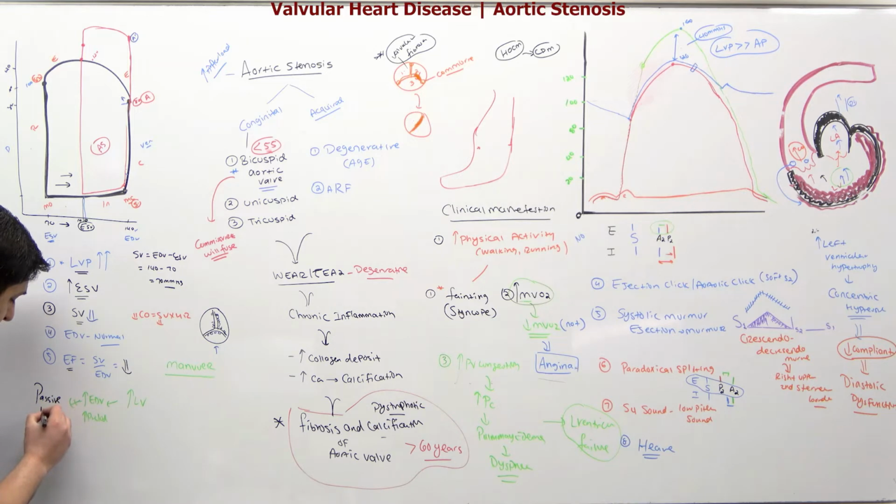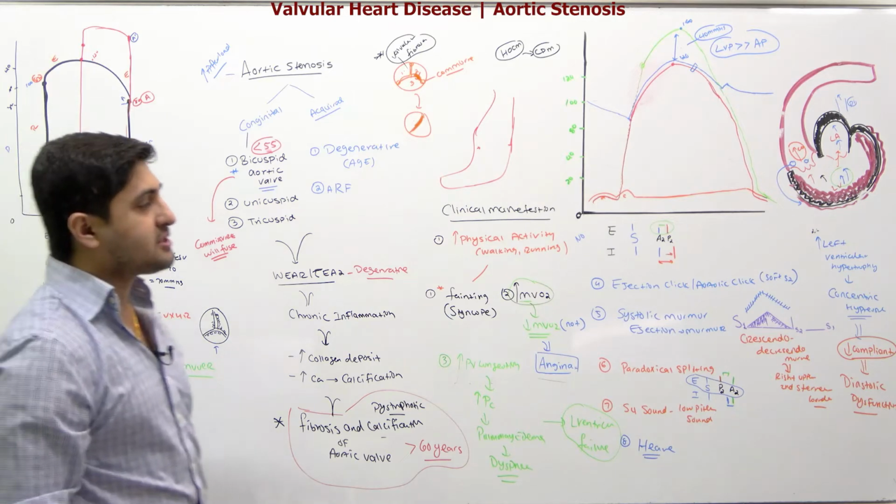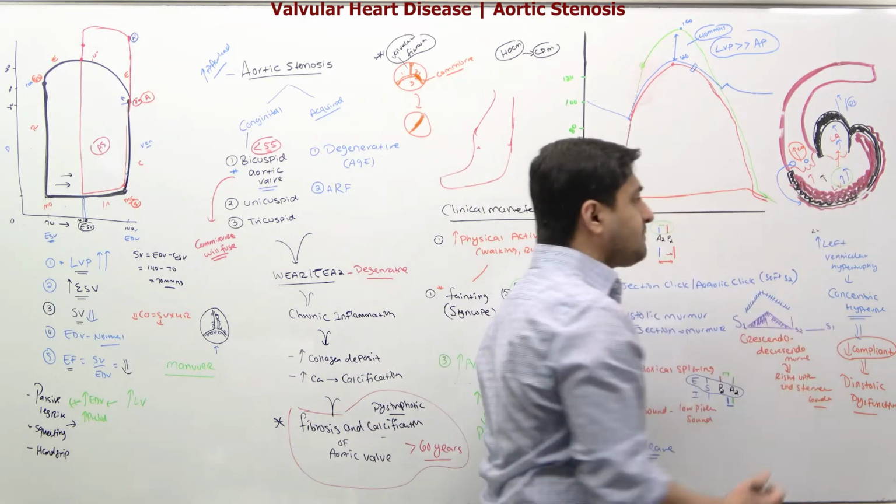Or let's say you're squatting. Squatting increases venous return. Or you do a hand grip. Any of these that increase the end diastolic volume means a lot of blood volume is there in your aorta.